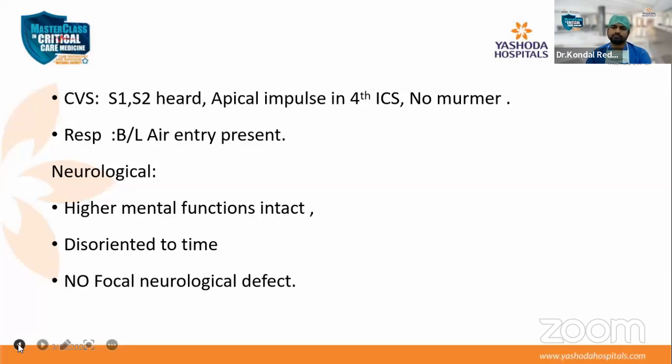What are the different metabolic causes that we can think of for the patient's disorientation to time? They will have uremic encephalopathy, they will have hyponatremia. Chance of hyponatremia is more in liver disease patients. So hyponatremia, hypokalemia, and uremic also, they will have acute kidney injury.